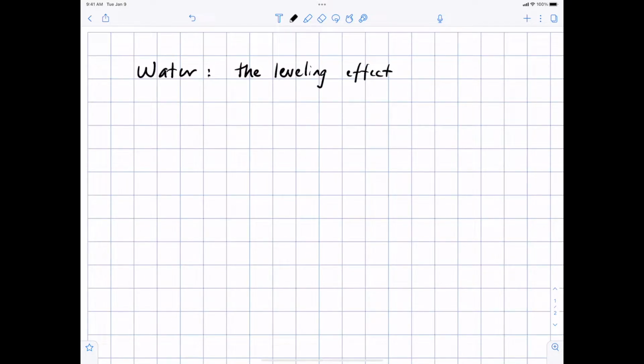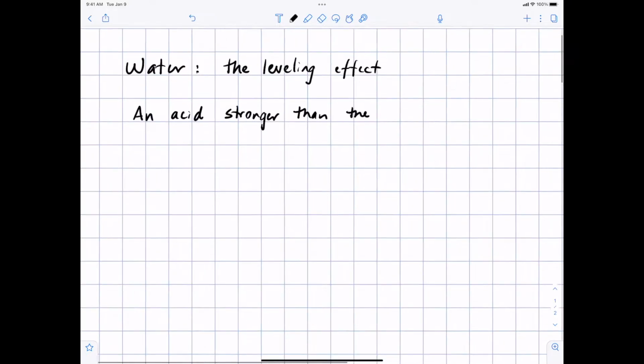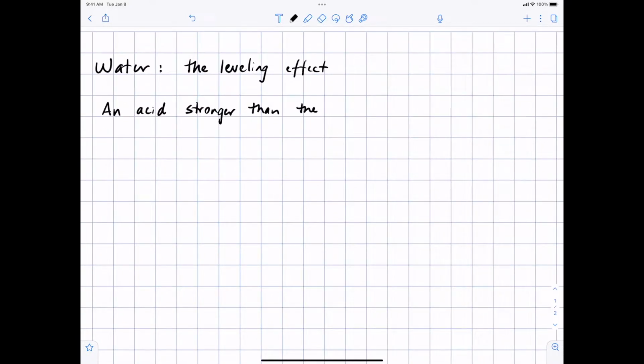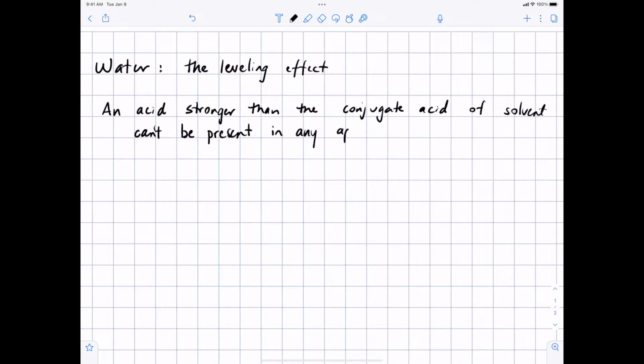The leveling effect is related to the idea that an acid stronger than the conjugate acid of the solvent, and this is true for any solvent, but especially for water, can't be present in any appreciable amount in that solvent. So I'll give you an example of that.